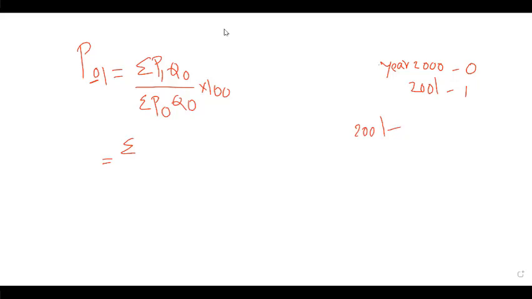In the first table, 2000 has 5, 10, 20, and then 10, 12, 25. That is the first table. P1 means I will take it for 2001. P0 means I should take it for 2000.